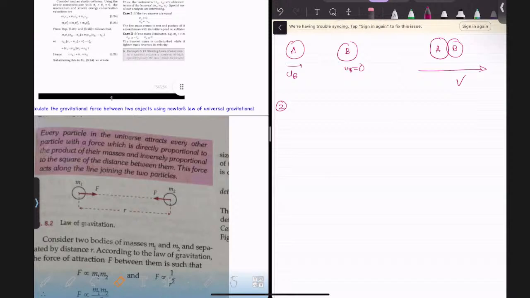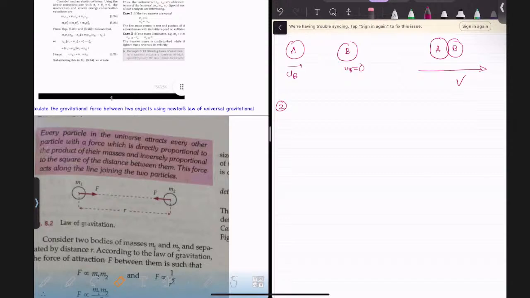Okay, you are not feeling any force. That doesn't mean you don't have any force of attraction between you two. In the entire universe, all the objects, any object you see, have a gravitational attraction, a gravitational force between them.